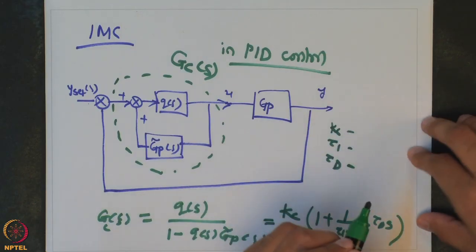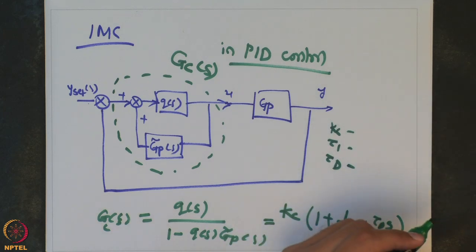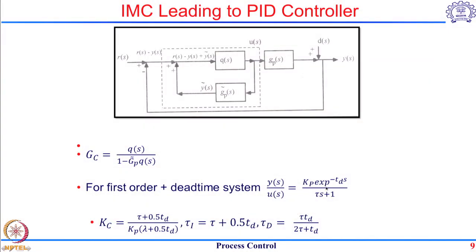for a particular process. Here I am showing you that if you have a first order plus dead time process, then when you do this comparison, you will get Kc as this, tau I as this and tau d as this. So, if you use a PID controller with these values of the tuning parameters, then that PID controller will work as an IMC controller.